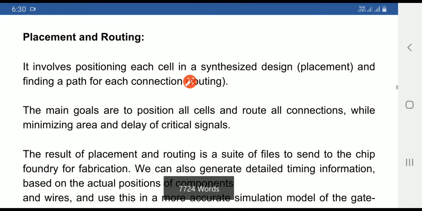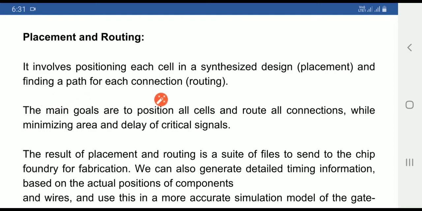Similarly, placement and routing involves positioning each cell in the synthesized design, that is, positioning each of the cells placed in the blocks. There are a number of cells placed in the blocks, and their positions are important; that is done by placement.